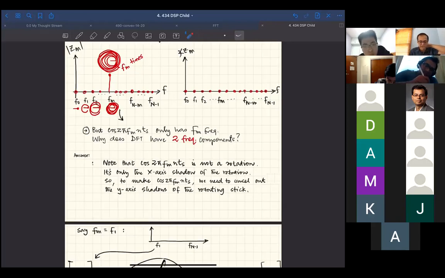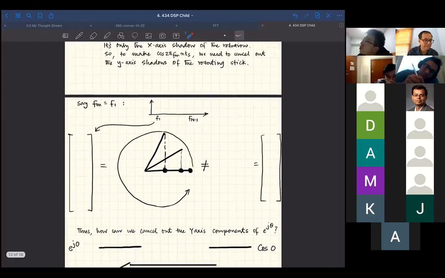Cos 2 pi Fm nTs is the x-axis shadow of that rotation. But there is also a y-axis shadow that you somehow need to eliminate to only get the x-axis shadow. So to make cos 2 pi Fm nTs, we need to cancel out the y-axis shadows of the rotating stick. Does that make sense?